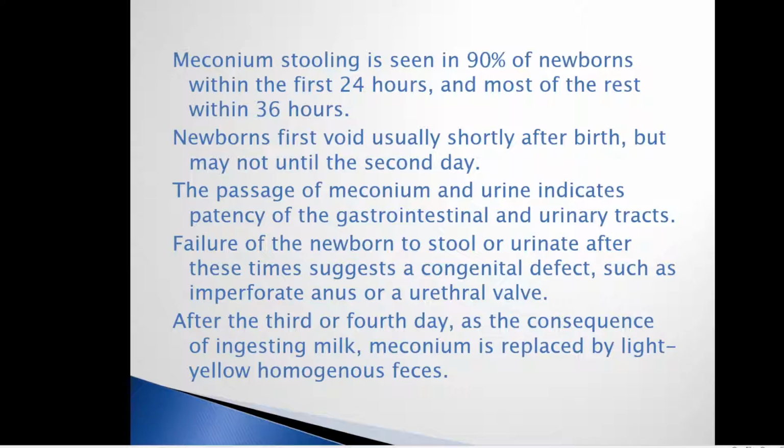Failure of the newborn to stool or urinate after this time suggests a congenital defect, such as imperforate anus or a urethral valve. After the third or fourth day, as a consequence of ingesting milk, meconium is replaced by light yellow homogeneous feces.